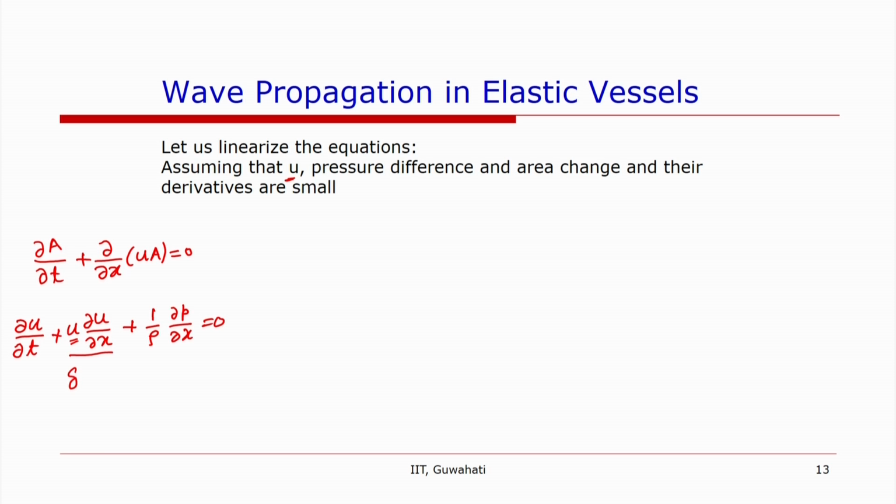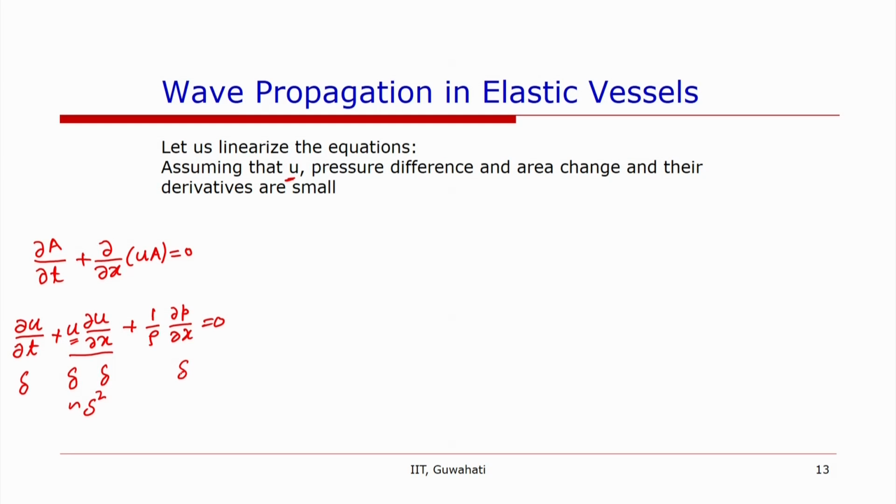Its value is of the order delta, and del U by del x is again small. So this term is going to be of the order of delta square, whereas other terms will be of the order of delta, for example del U by del T and del P by del x.